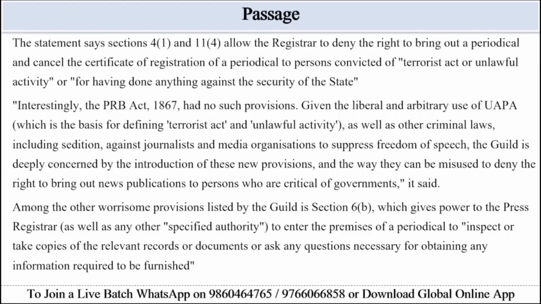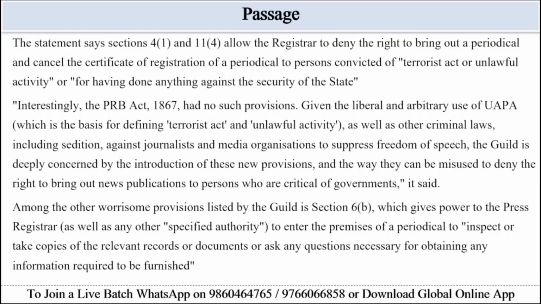Interestingly, the PRB Act 1867 had no such provisions, given the liberal and arbitrary use of UAPA, which is the basis for defining terrorist act and unlawful activities, as well as other criminal laws, including sedition, against journalists and media organizations to suppress freedom of speech. The Guild is deeply concerned by the introduction of these new provisions and the way they can be misused to deny the right to bring out news publication to persons who are critical of governments.